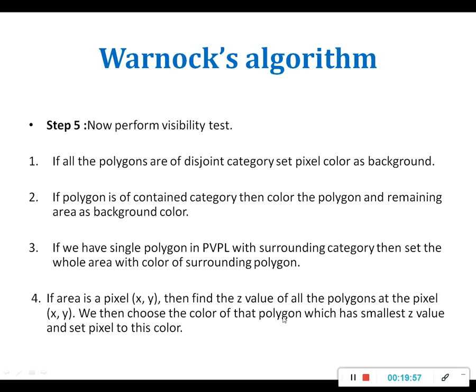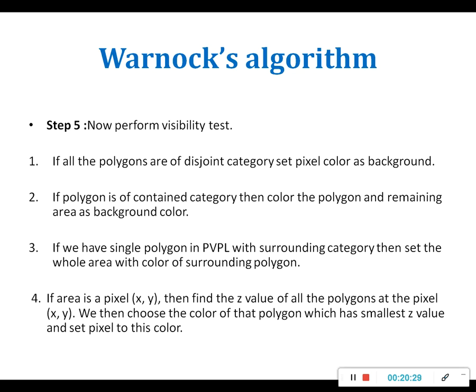And the last one is that if the area is a pixel x, y, then we have to find the z value of that polygon at the pixel x, y, and choose the color of the polygon which has the smallest z value, then set the pixel to this color. It means that after the subdivision, the area is divided down to pixels, and at that pixel position we find its z value.